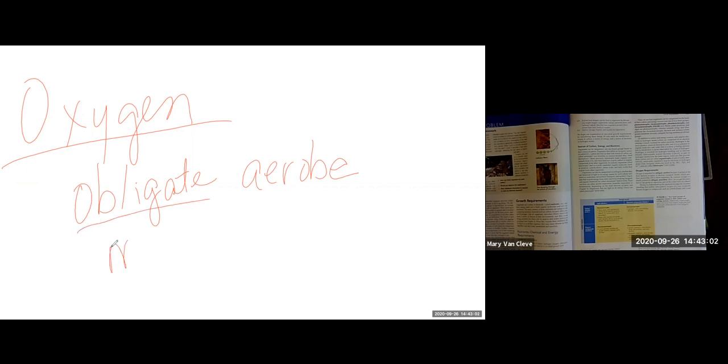So the first one we'll look at is an obligate aerobe. Obligate, must. Oops, I have no idea why I put a B there. Aerobe, have oxygen. I'm on a roll here with the spelling.